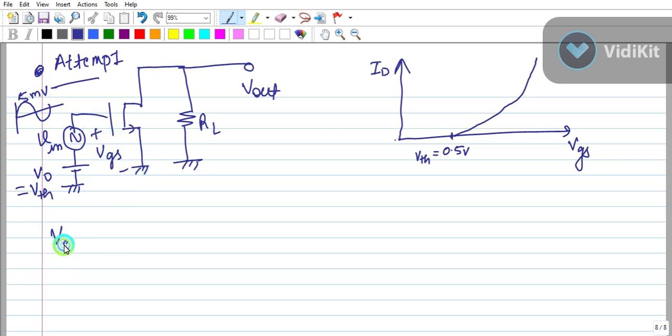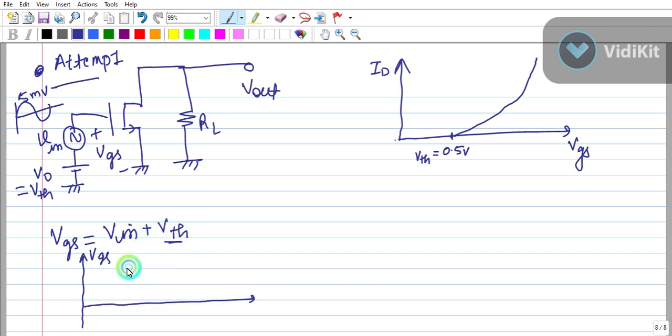Applying KVL here, you will find VGS equal to V in plus VTH. So let me plot VGS also. So this will be somewhere there.